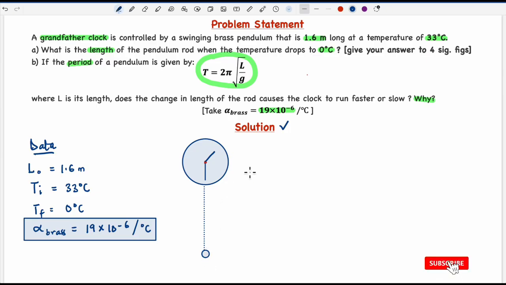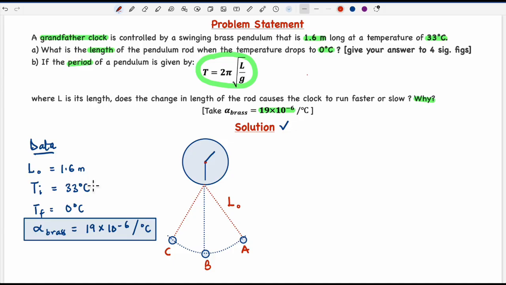This pendulum swings back and forth, making a complete cycle when it moves from point A through point B, point C, and then back to A. That makes one complete cycle. However, this pendulum has some original length L0, which we are given as 1.6 meters in the problem.